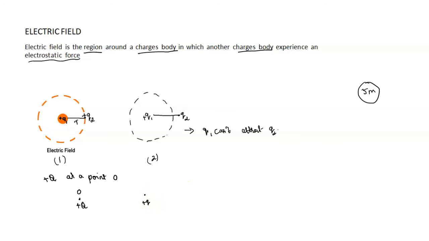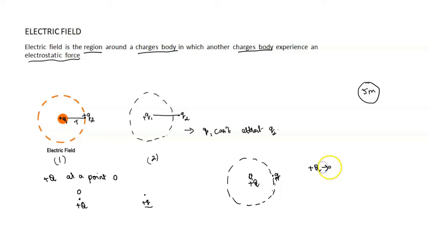So how does the plus Q exert a force on the small letter q? The answer is that the plus Q sets up an electric field in the space surrounding it, and small q is placed exactly at the surface of the electric field. The charge plus Q which produces an electric field is called the source charge.